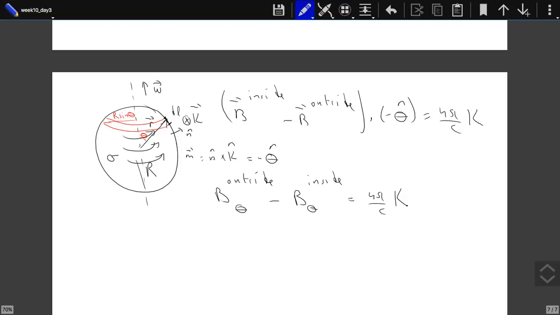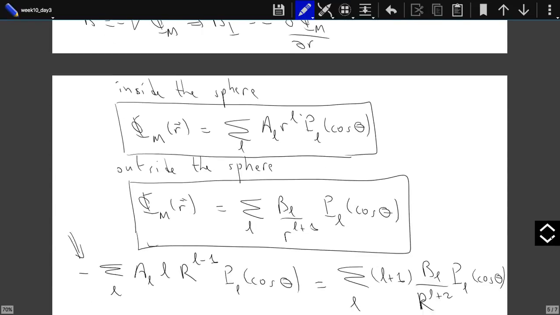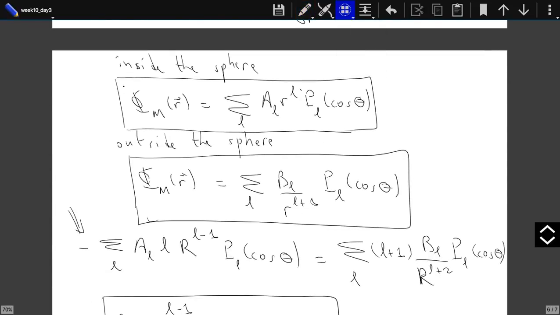We already know the theta component. You see, B theta would be minus 1 over R del over del theta of phi M. So just take the derivative with respect to theta. Well, let's see. We have the expressions of phi inside and phi outside over here.